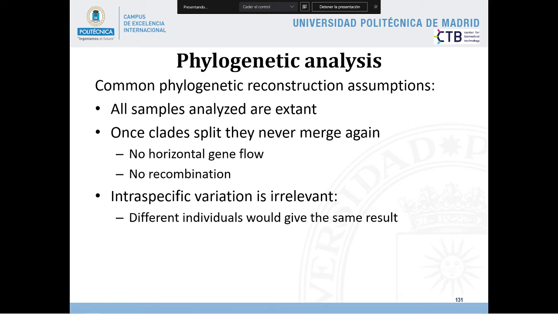This assumes that there is no horizontal gene flow between two species, no recombination, which is really not true. This does happen, okay? Also, intraspecific variation is relevant: different individuals should give the same result even though they do not have the same genotype, okay?